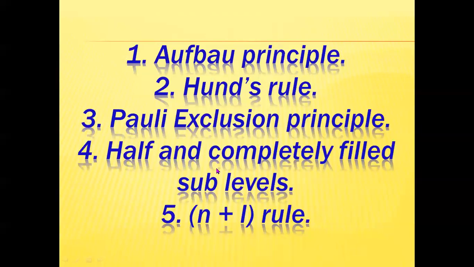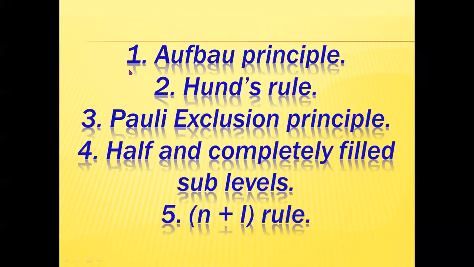And fourth is stable electronic configuration, that is called half and completely filled sublevels. And fifth one is the n plus l rule. There are 5 principles and rules totally which we have to follow while we write the electronic configuration of a given element, besides remembering the atomic number and symbol of that particular element.